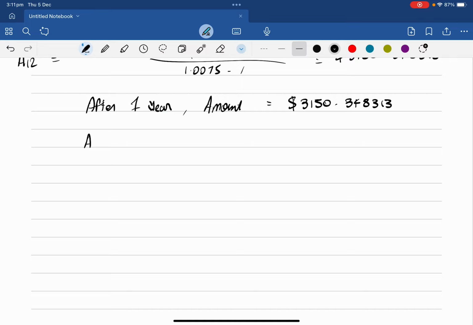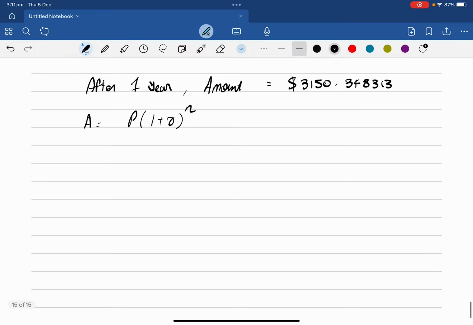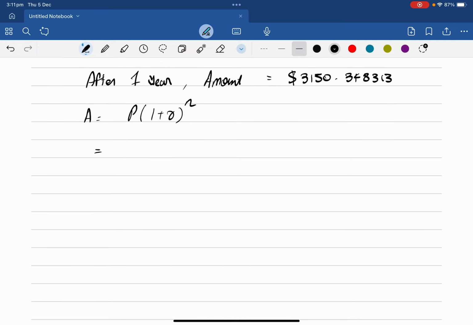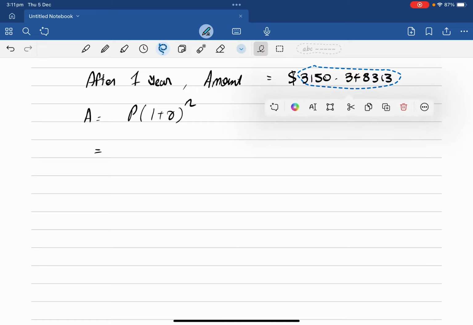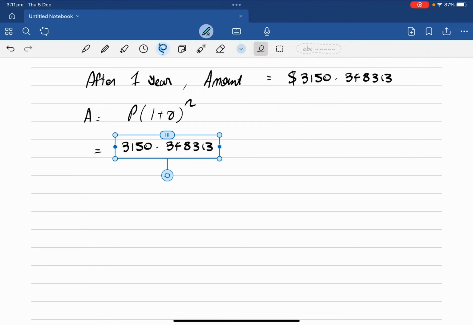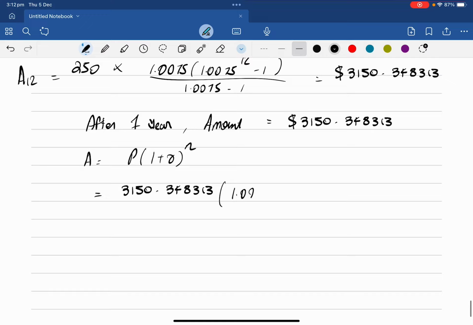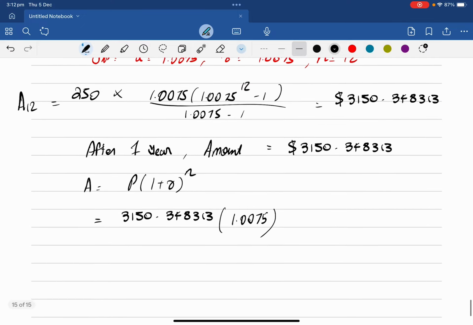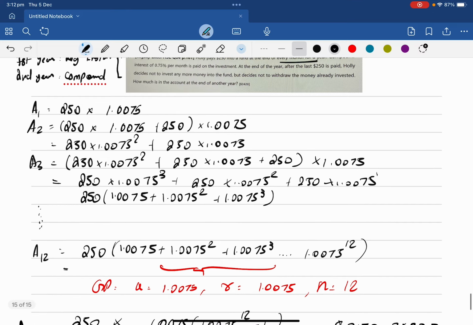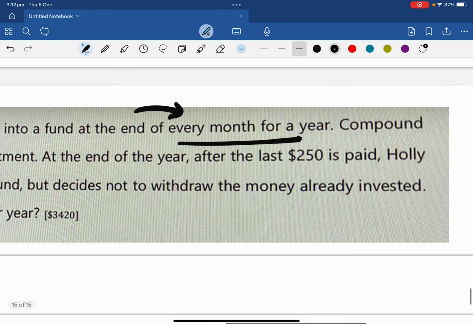We know the formula: A equals P times 1 plus r to the n. So our principal will become this new amount, to the power of, what's 1 plus r? That's just our interest rate, 1.0075. And n is the number of time periods. They're asking for one more year, but it's every month, so how many months are there in a year? 12.